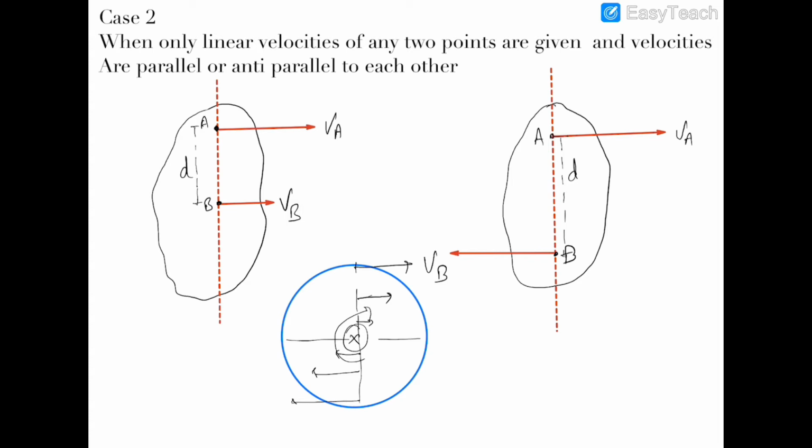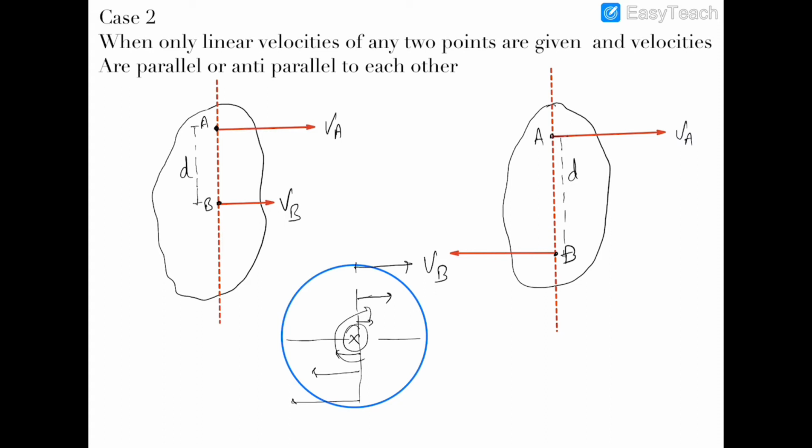Now the second thing, which is very important, is that as we move towards the instantaneous axis of rotation, or towards the center of the circle, the velocity of each point decreases. So if the velocity of A is greater than the velocity of B, then we are moving in the direction from A to B, and we are moving towards IAR.